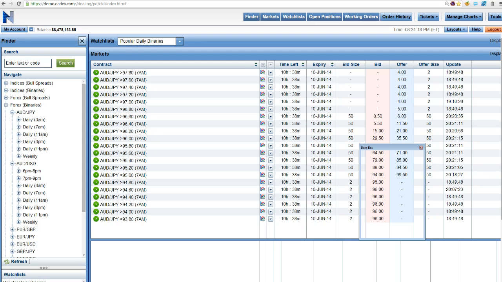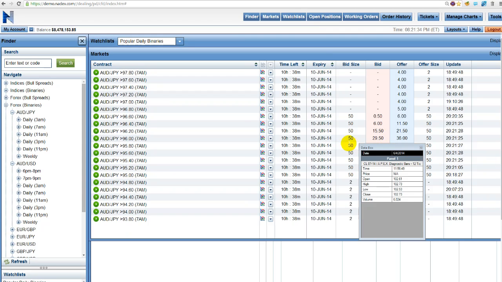Now again, that's if you held to expiration, which I don't recommend, but if you held to expiration, that's how you would know what the max potential profit was on that trade. Is that what you're asking about?